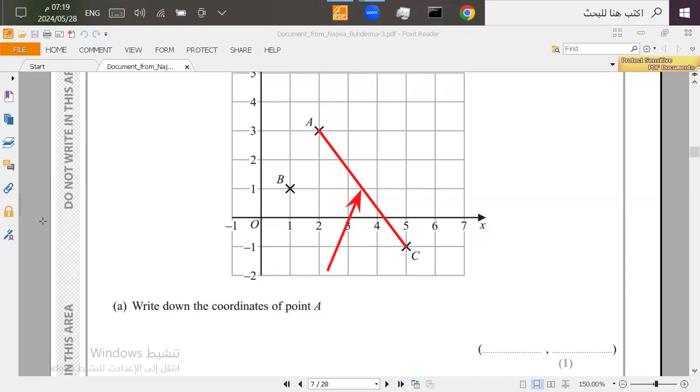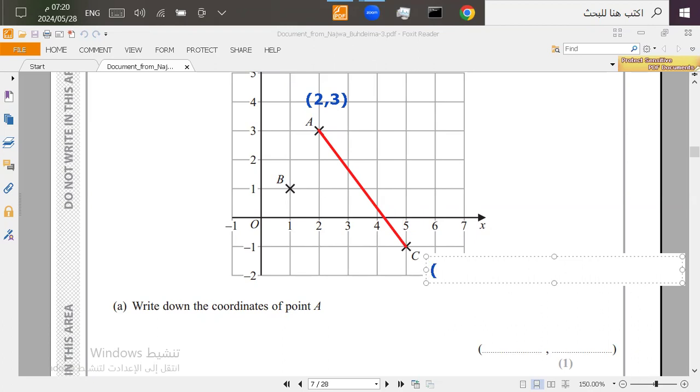It's more accurate to use the coordinates of the points. The coordinates of A are 2 and 3, so you write them, 2, 3, like this. And then you write the coordinates of C, which will be 5, -2.